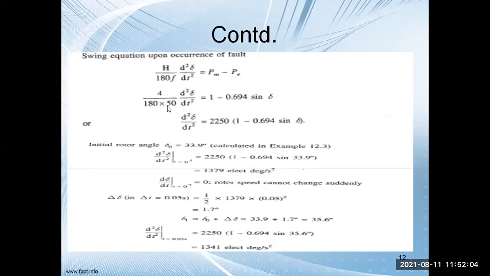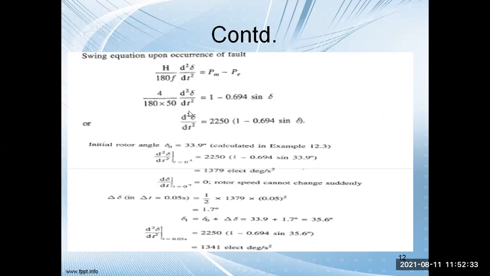So 4 by 180 f into d2 delta by dt square, Pm equal to 1, and Pe is given as 0.694 sine delta. These values are given actually. You don't have to worry about these values. Now d2 delta by dt square, if you simplify it, will be 2250 into (1 minus 0.694 sine delta). So this is your angular acceleration.